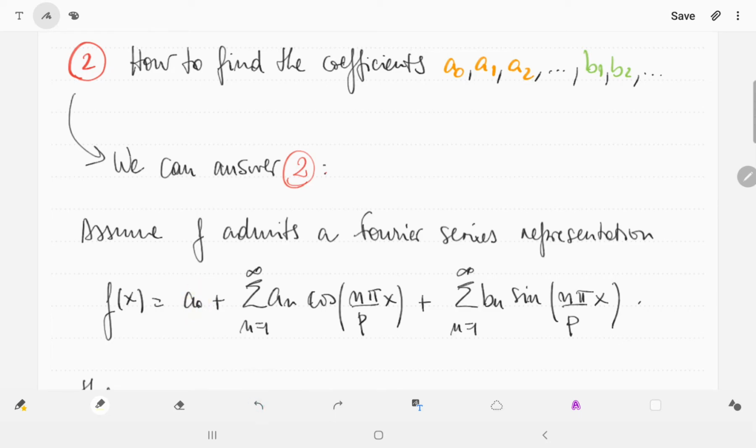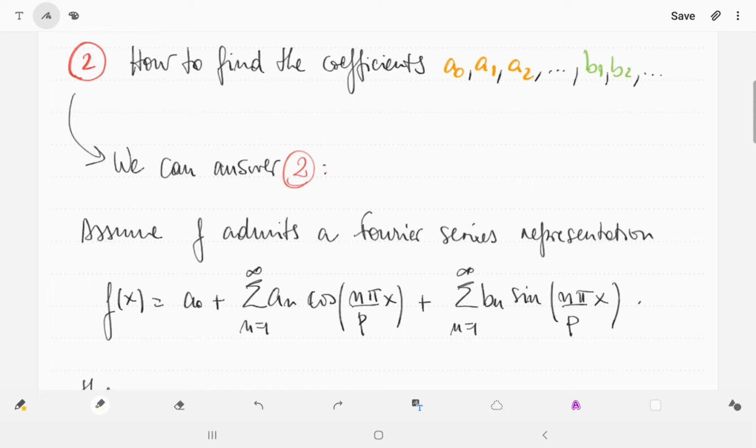Remember, that was 1, cosine of pi over p x, cosine of 2 pi over p x, and so on, and sine of pi over p x, sine of 2 pi over p x, and so on.